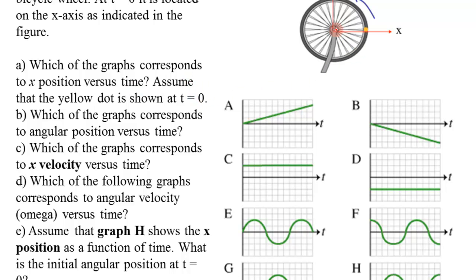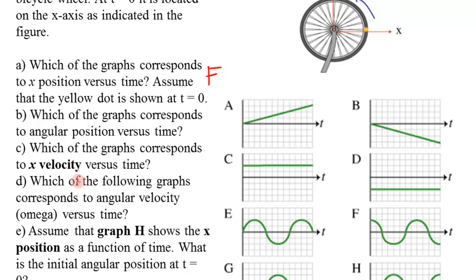Well, along the x-axis, I'm starting at some positive x value. It's going to start decreasing all the way until it's negative, and then start increasing until it gets back to some positive value. We know that these are going to be sinusoidal, and so part A is going to be graph F because it starts at a positive, decreases down to negative, and so on.